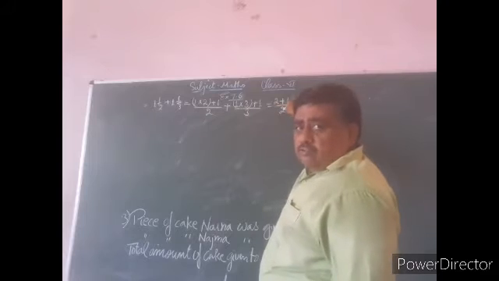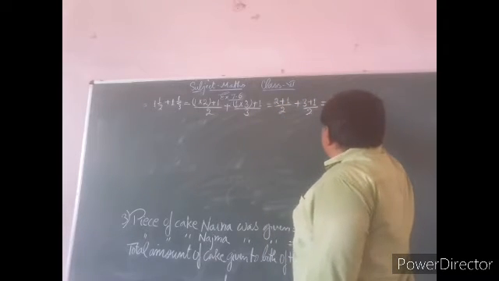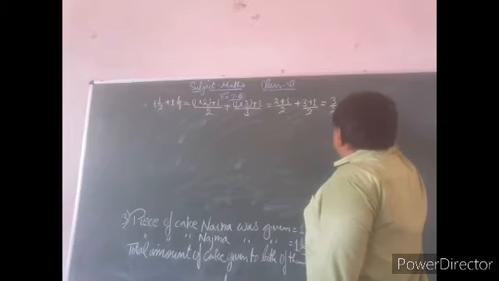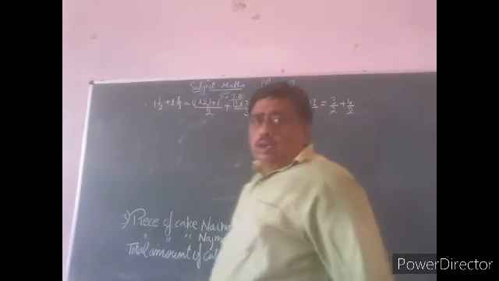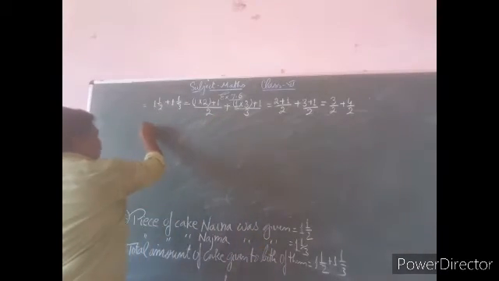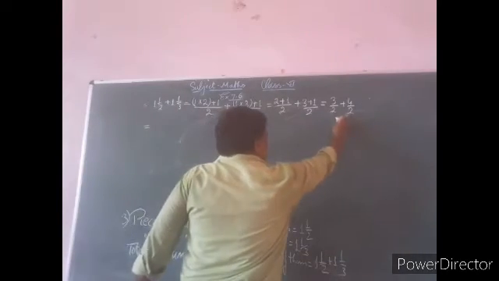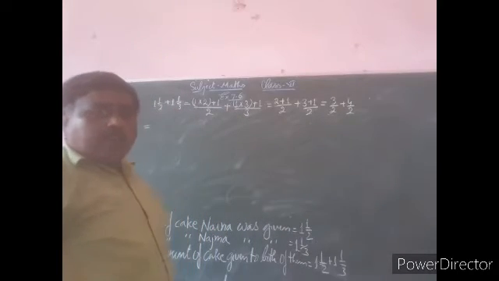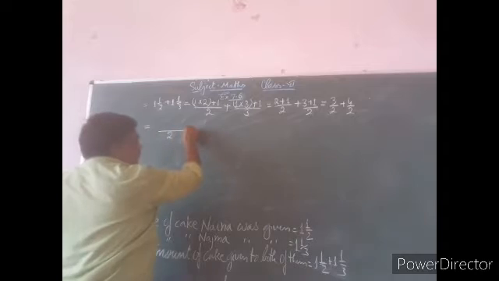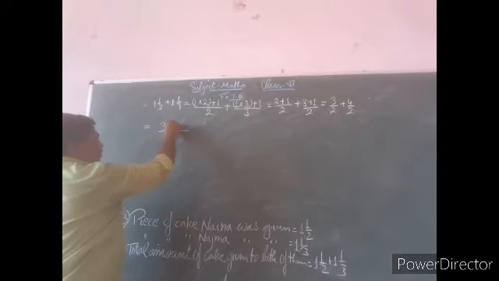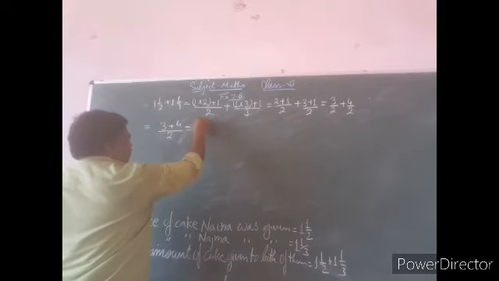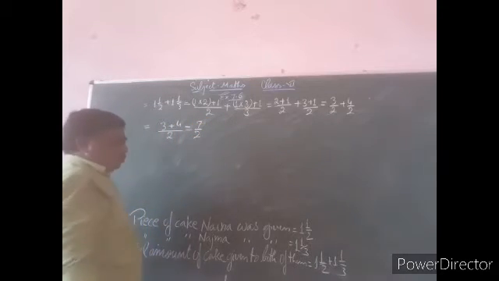So 2 plus 1 it is 3 upon 2 plus 3 plus 1 that is 4 upon 3. Now here the denominators are different, so LCM will be 6. Now in numerator it will be 3 3s are 9 plus 2 4s are 8 equal to 9 plus 8, 17 upon 6.